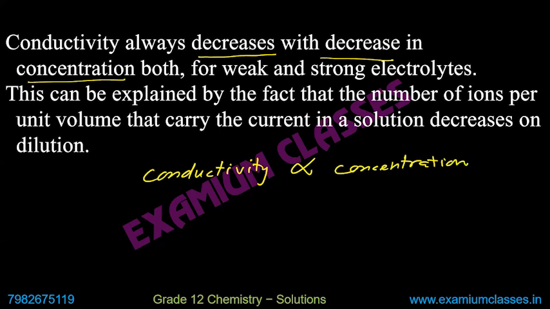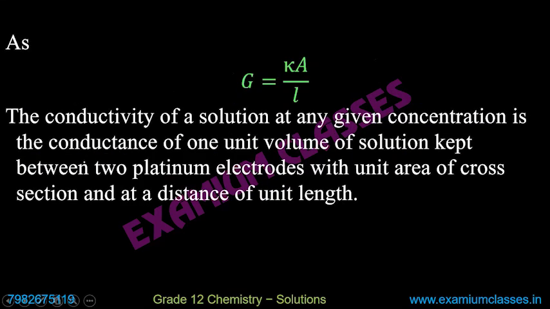For weak and strong electrolytes, conductivity always decreases with decrease in concentration, means it will increase with increase in concentration. For weak and strong electrolytes, this can be explained by the fact that the number of ions per unit volume that carry the current in a solution decreases on dilution.